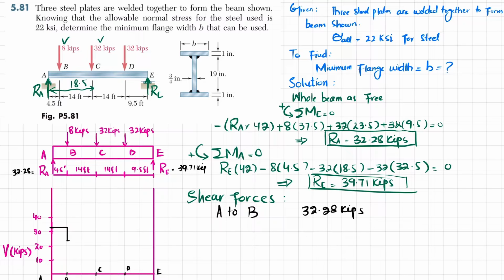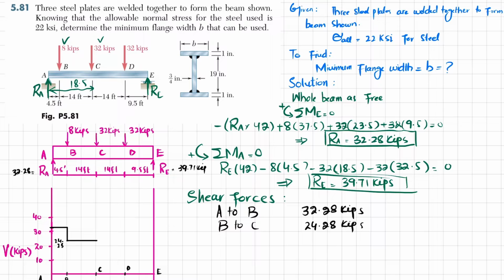Now from B to C there is no load, so the load will remain the same, 24.28 kips.